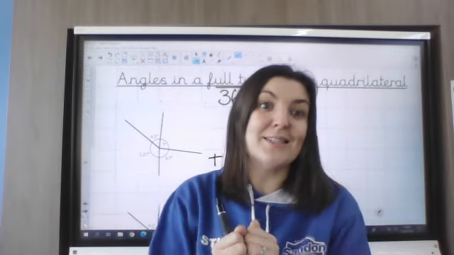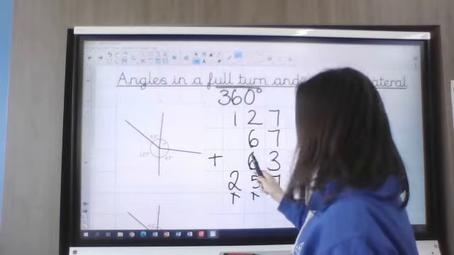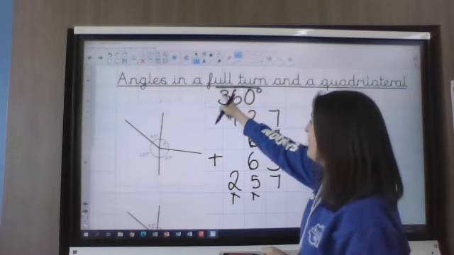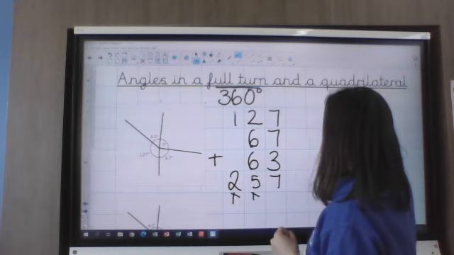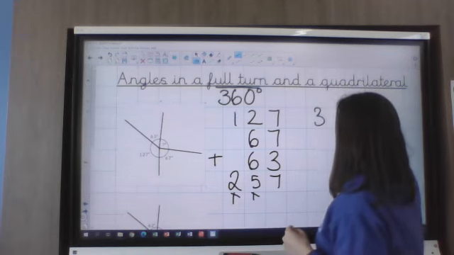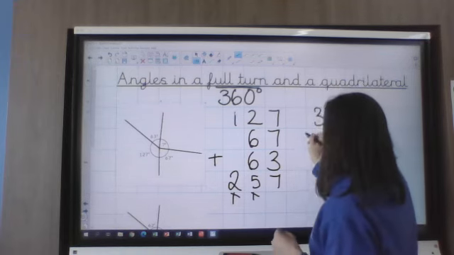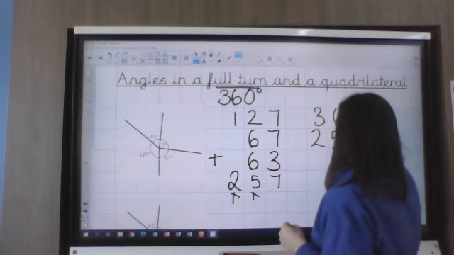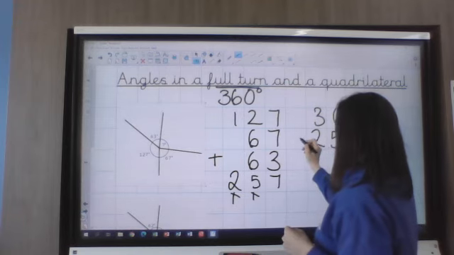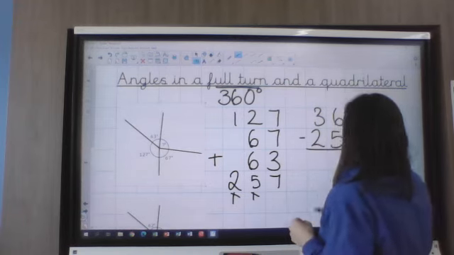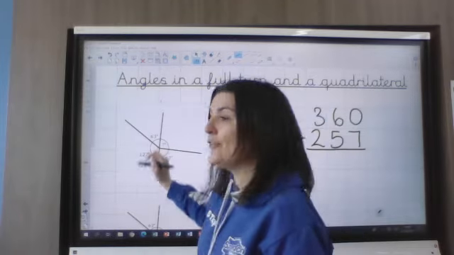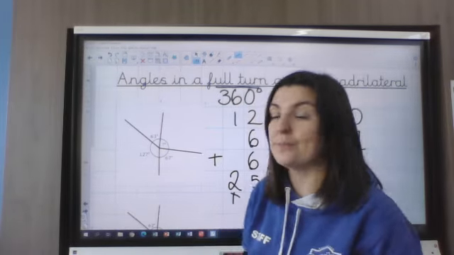So then, second step, to find out my missing angle, I need to remember a full turn is 360. So I need to do 360, take away 257. Okay, because that will give me what's left, and that's my missing angle.